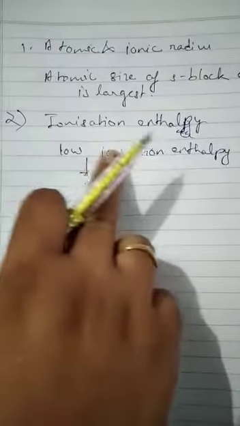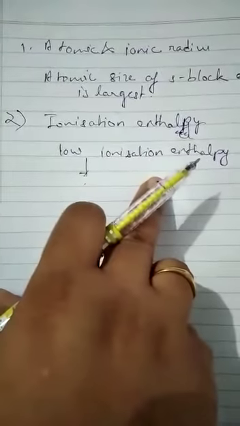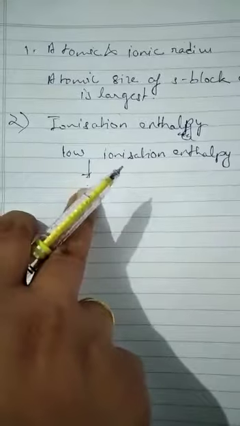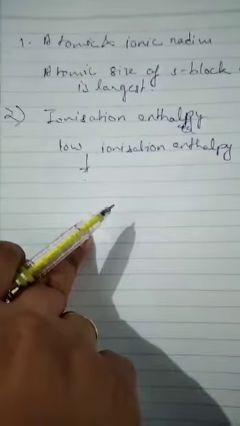That is why the ionization enthalpy is low in case of the S block elements when we move from top to bottom in a group.